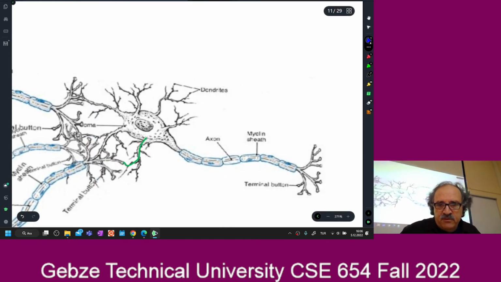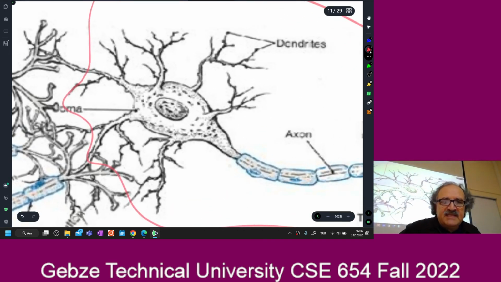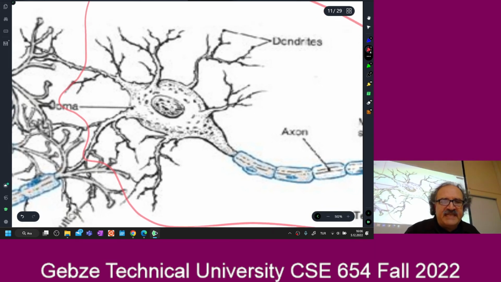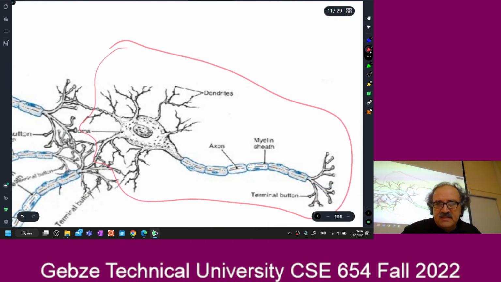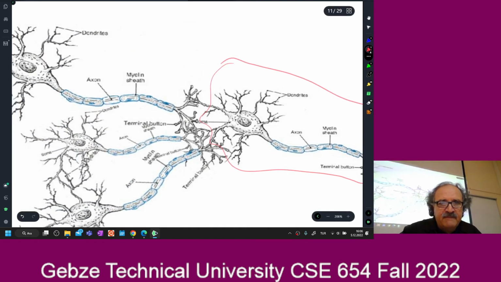There is only one neuron here. This is the center of the whole cell. These are axons, these are dendrites. I'm going to talk about what they actually are.